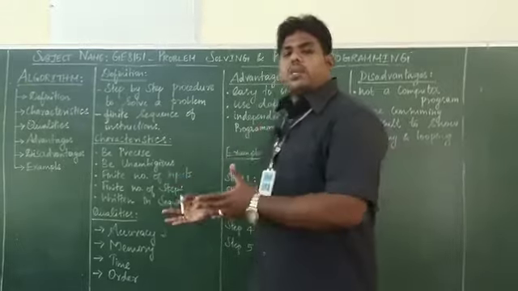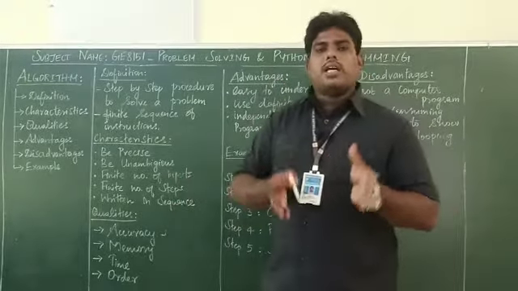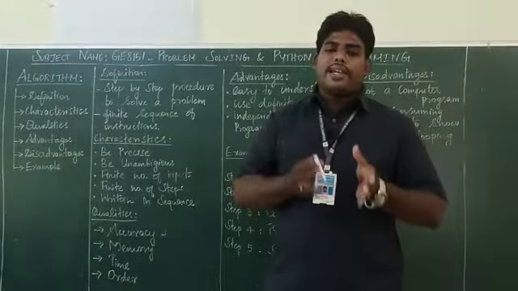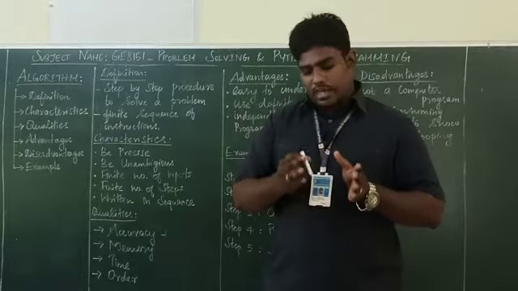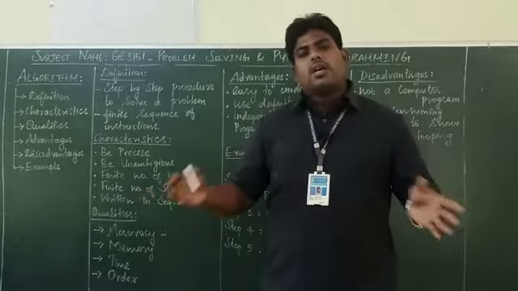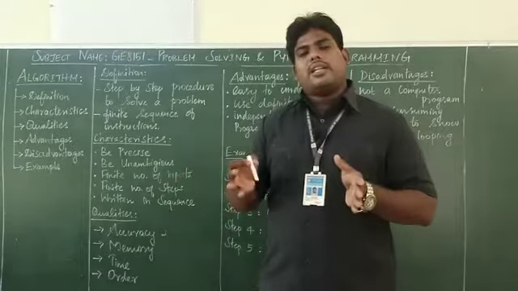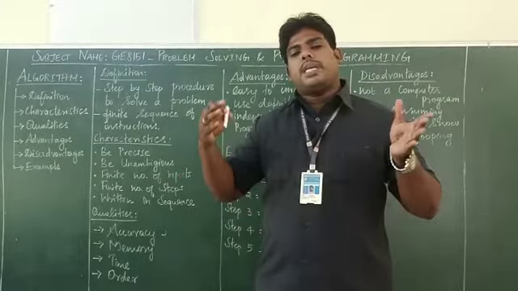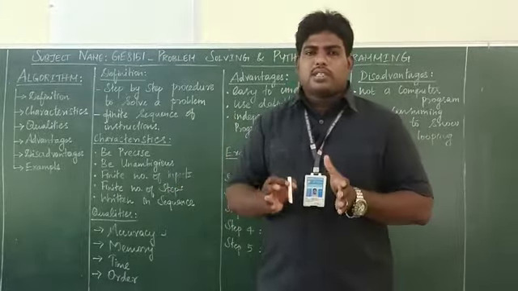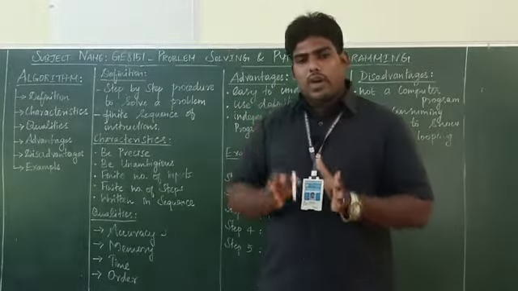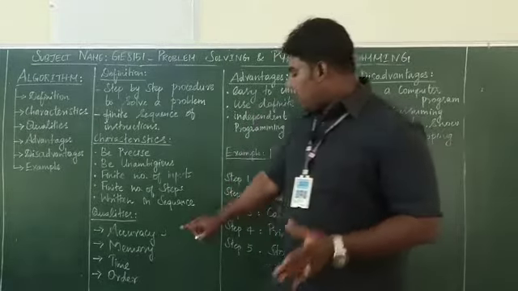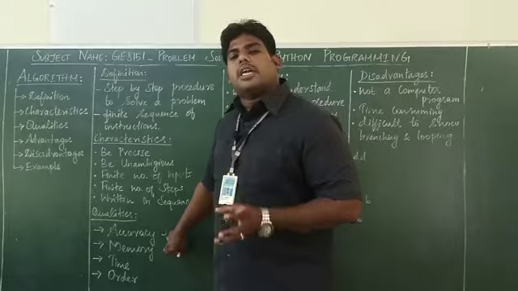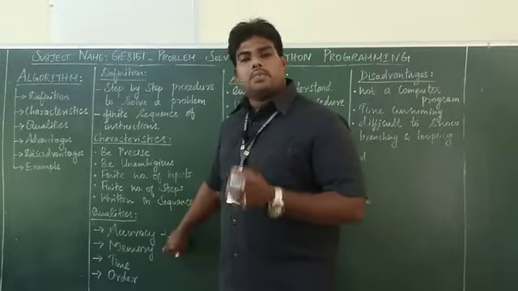Depending upon the algorithm only, you are going to write the program. While you are writing the program, if the lines of the program are high, or if you use more variables, then the memory utilization will be high. So always keep it in your mind, while you are writing the algorithm, your algorithm should be memory efficient. It wants to take less memory.